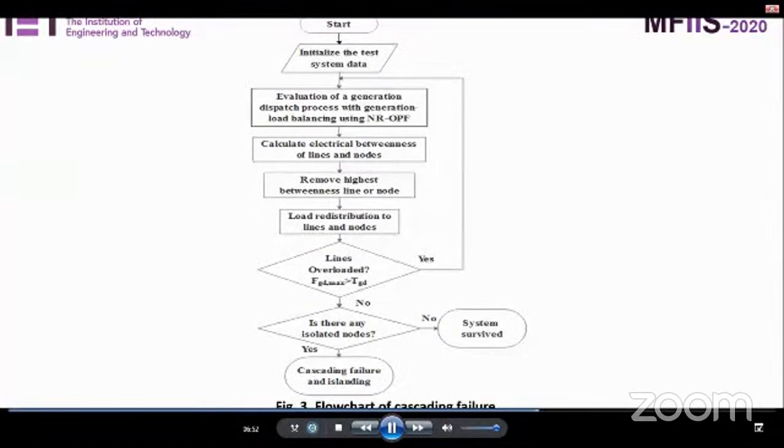Next, the overloading condition is checked, whether the electrical betweenness of a line exceeds the power transmission capability or not. If yes, then go back to the process where evaluation of generation dispatch was done using NROPF. If not, then check for isolated nodes. If no isolated nodes occur in the system, then the system may survive. But if there are any isolated nodes, the system undergoes cascading failure and islanding condition occurs.